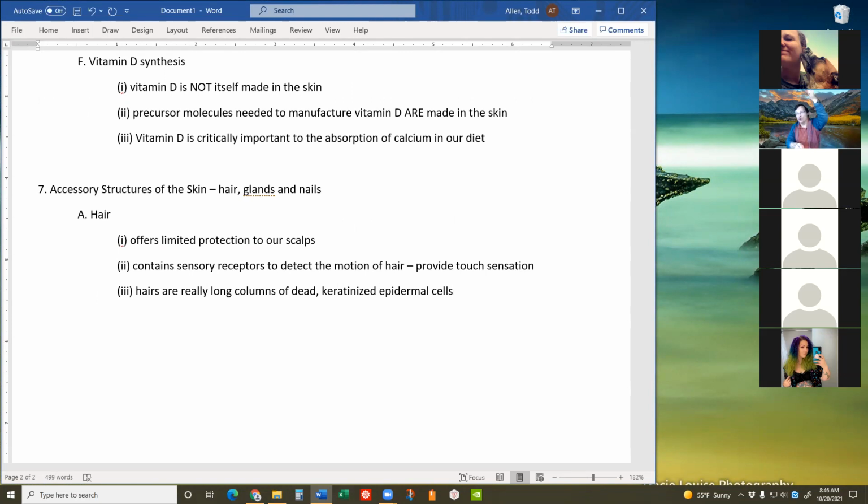So you get a tube of dead epidermal cells that are bonded by extracellular proteins that link the plasma membranes of the cells that are stacked on top of each other. Here are our really long columns of dead keratinized epidermal cells that are bonded together by extracellular proteins.